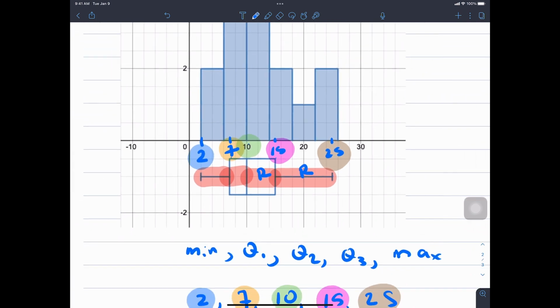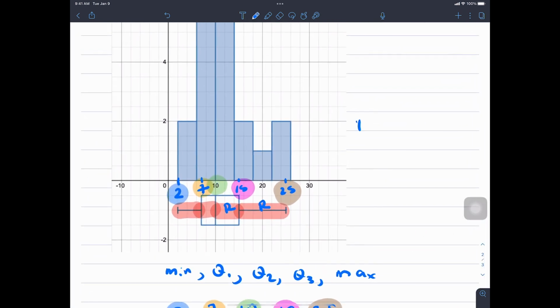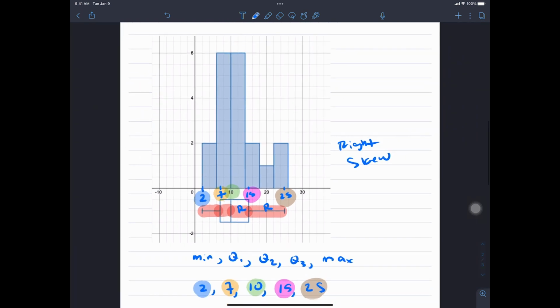So this is a right skew distribution based on everything we just did. Most of the data is on the left, and there's your box plot. This is right skew. Okay, you guys okay with that?